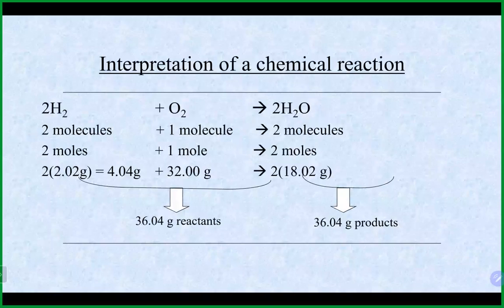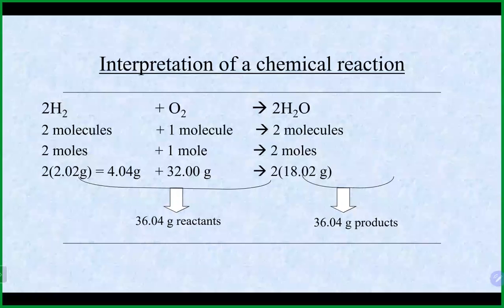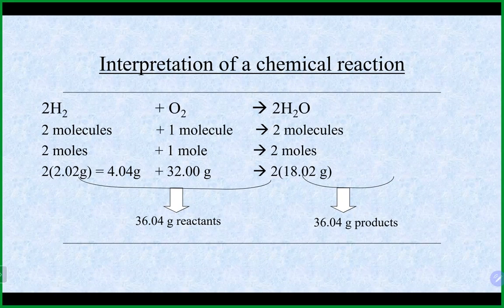So I think we saw this a little bit in the previous chapter, but in this chapter for sure, we're going to use a certain type of relationship that we can get from the balanced equation. From the balanced equation, we can look at the coefficients a couple different ways. We could say, for example, here that two molecules of H2 react with one molecule of O2 to give us two molecules of H2O.